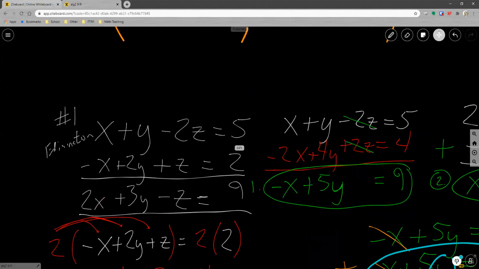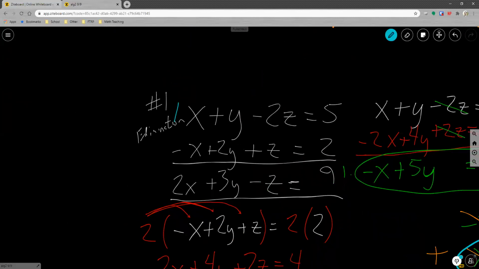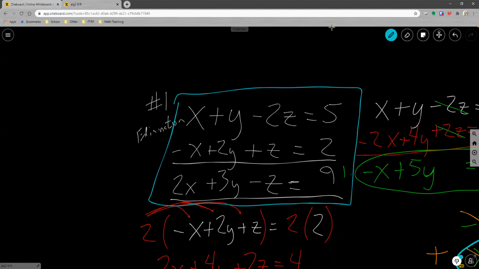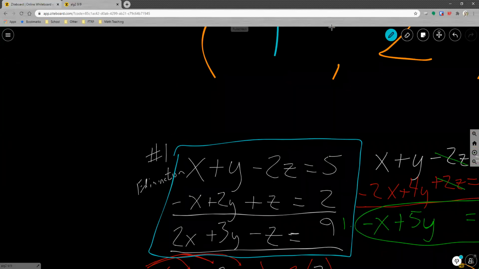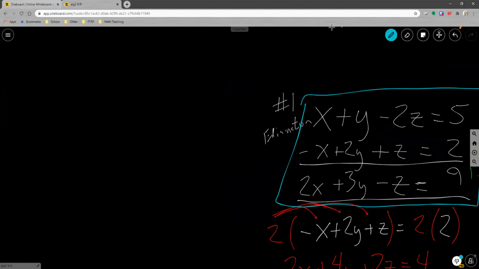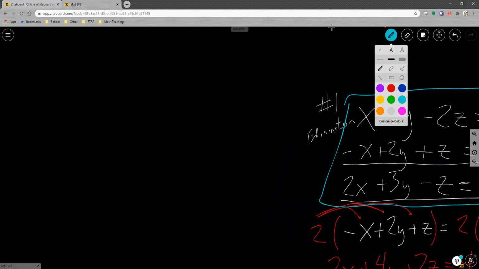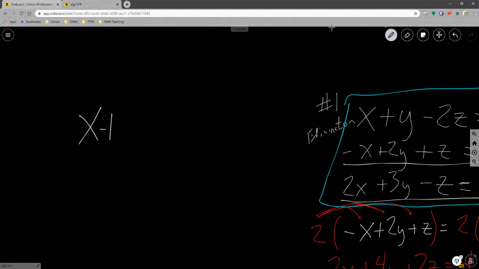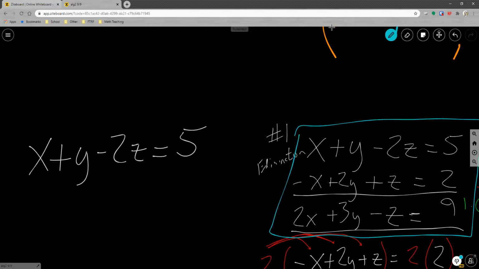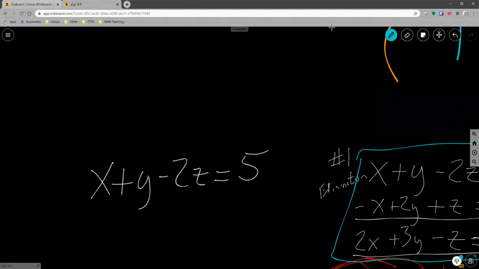Since I've got 2 out of the 3 variables, I can go back to my original system of equations over here. And what I can do is just pick any of the 3 equations, plug my x value in, plug my y value in, and then I can solve for z. So I'll do this on the left. I know my original equation looks like this: x plus y minus 2z equals 5. Well, I'm going to replace my x value with its actual value in the system, which is 1.